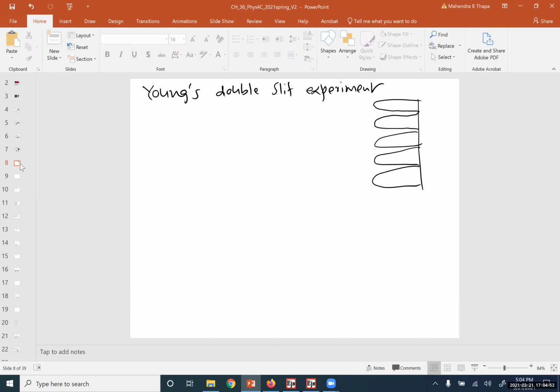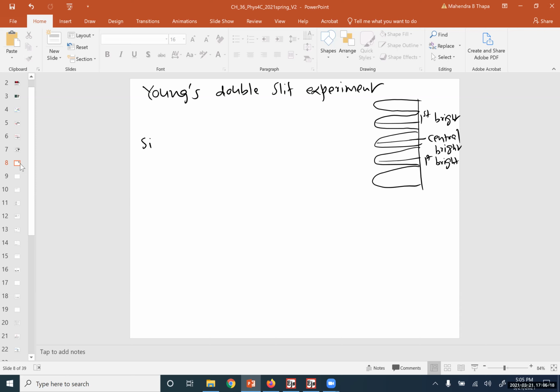Say for example, this one is the central bright. This intensity and the intensity of first bright, the intensity of this other first bright on both sides of the central bright, is the same.